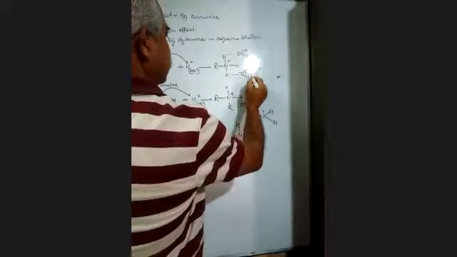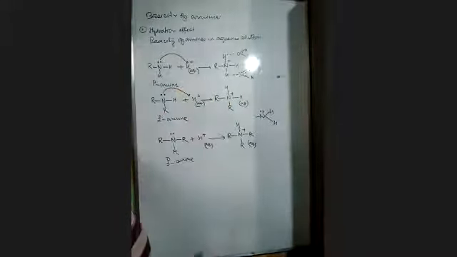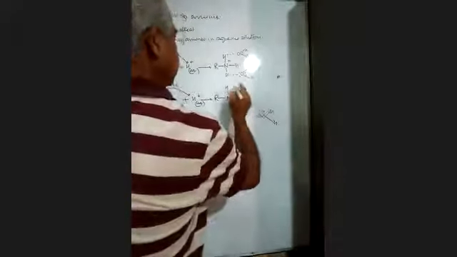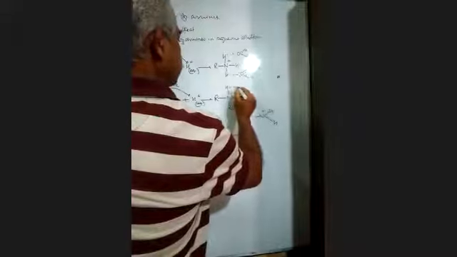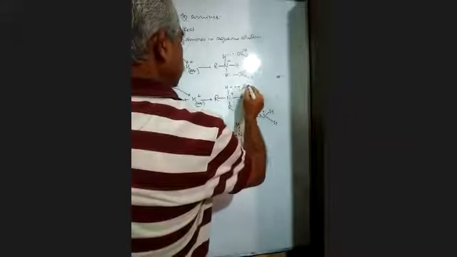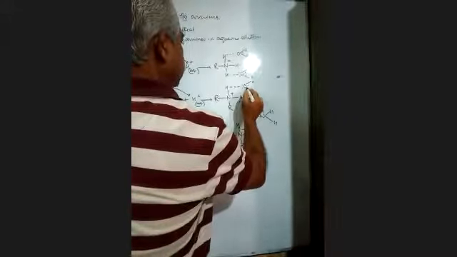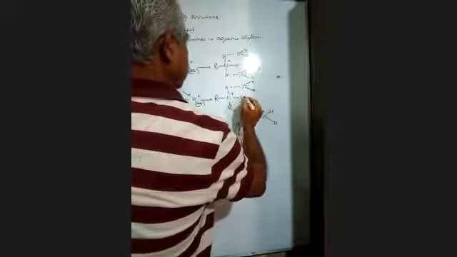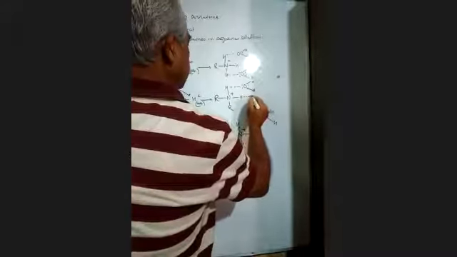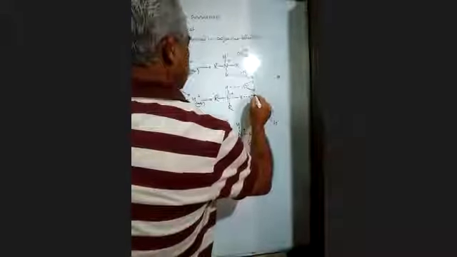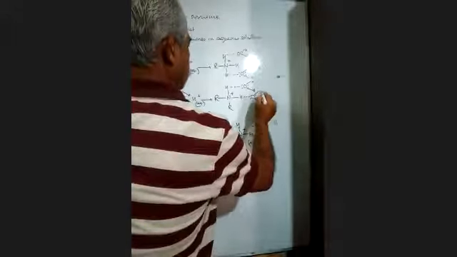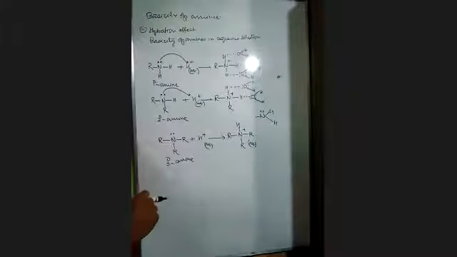See here. This primary ammonium ion forms three hydrogen bonds. Then secondary forms two hydrogen bonds. And tertiary, which did not have any hydrogen, we have already seen its boiling point is the minimum because it does not have any hydrogen bonding.